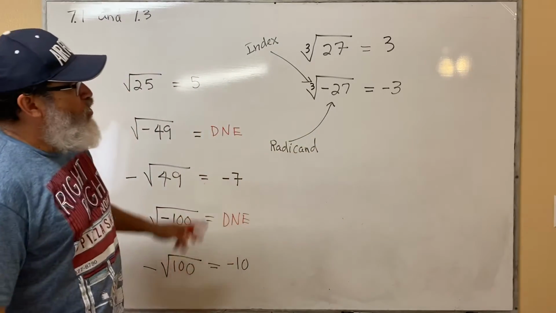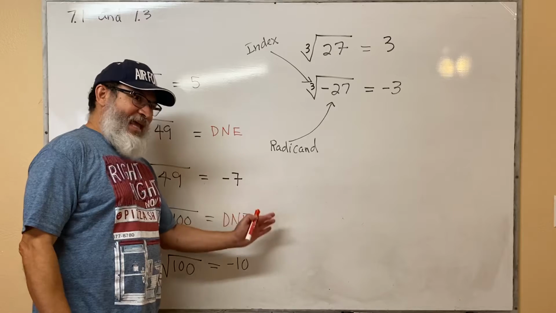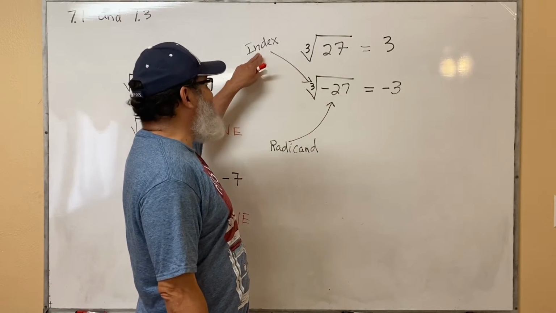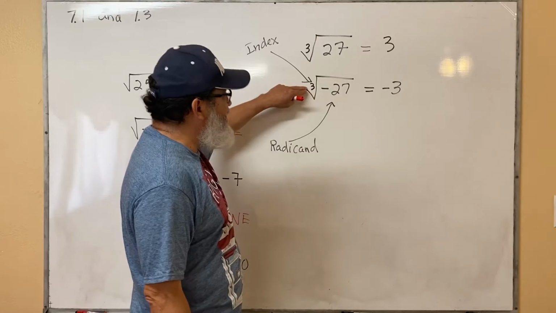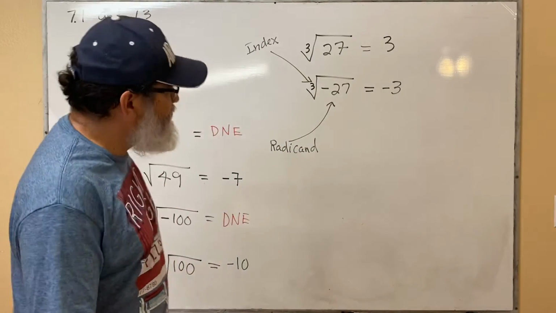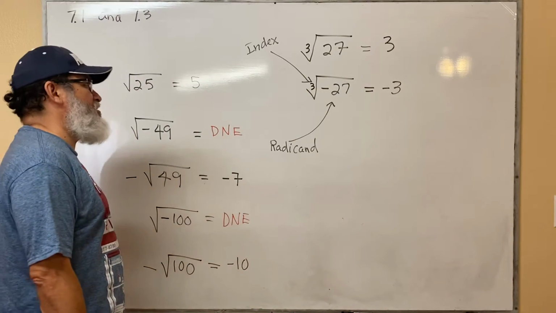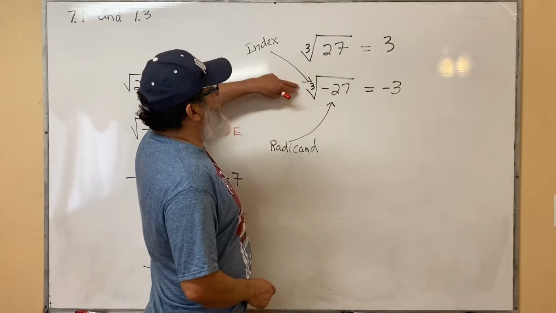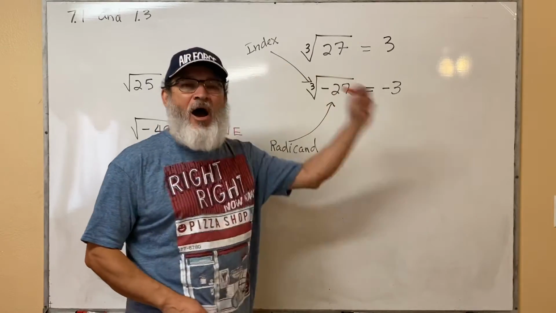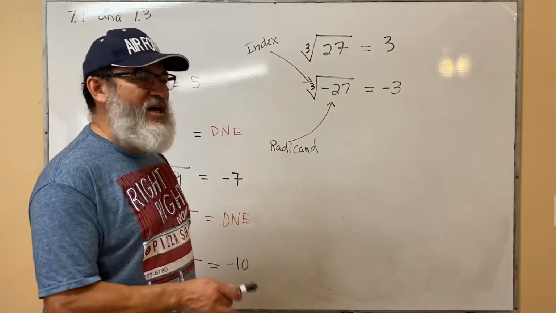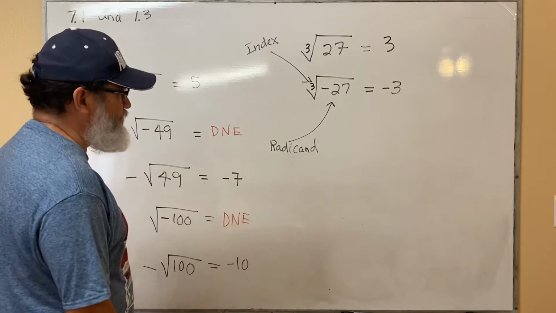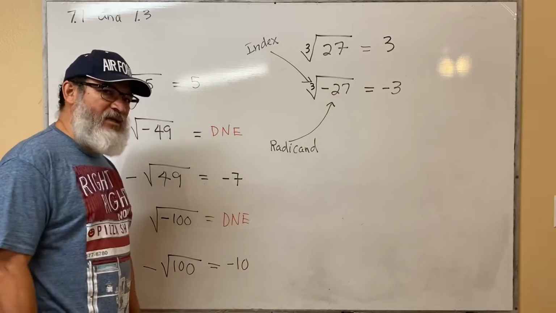When the radicand is negative and the index is odd, that does exist. Yes, it does. It does exist.